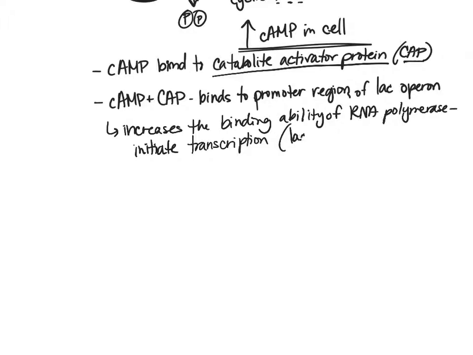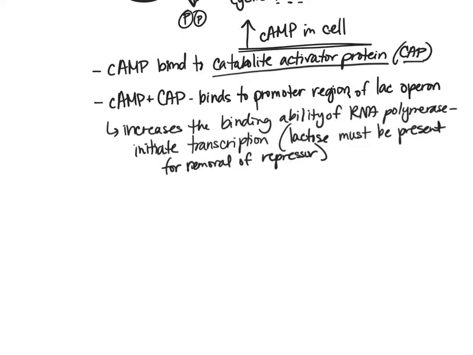So lactose must be present so that it can remove that repressor. So it must be present for removal of repressor. All right, so let's take a look at the image from the text.